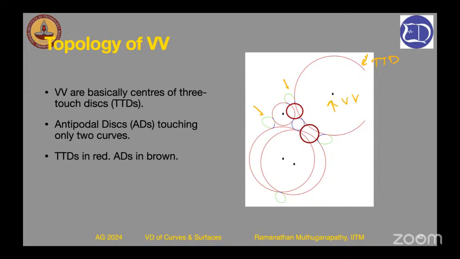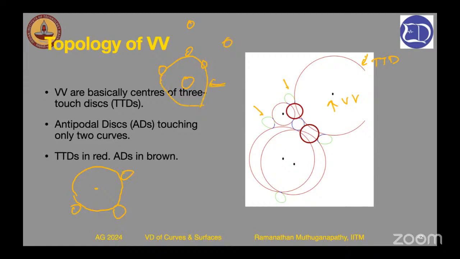So now, let us say I'm given three curves, something like that. Somehow I can find the circle that is touching these three, and the Voronoi vertex will be the center of the three-touch disk. But you can imagine there will be several curves, and if I try a three-touch disk between those three curves, it need not be empty.